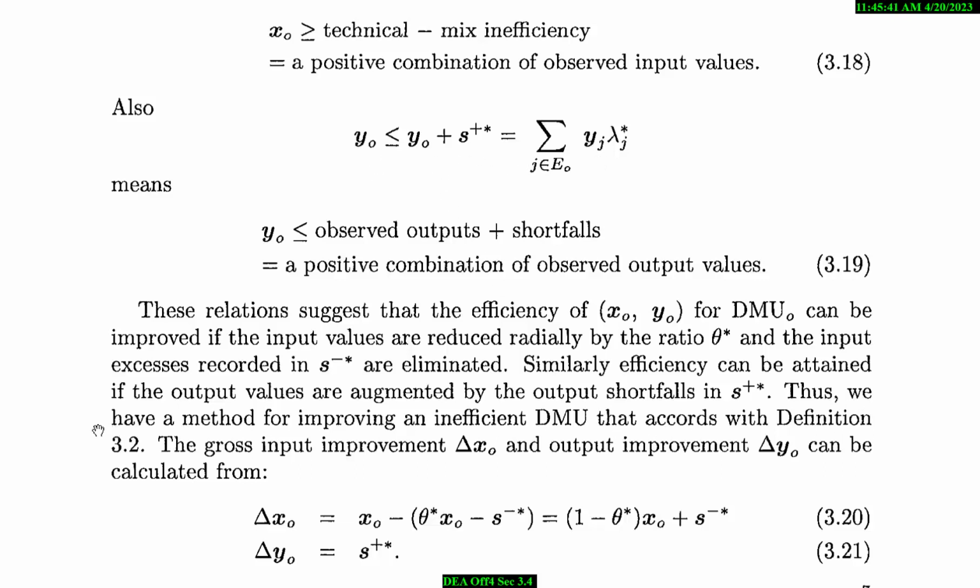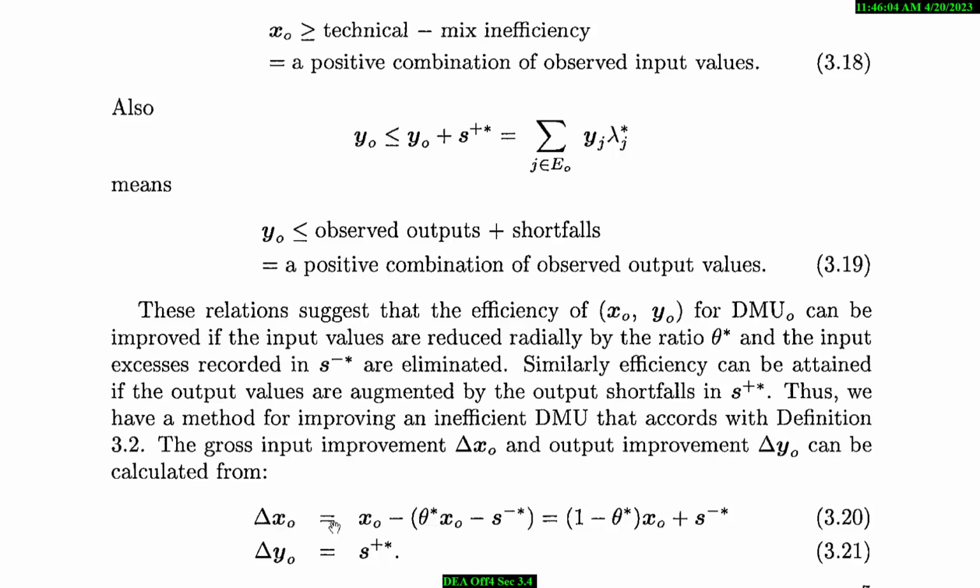So we have a method for improving an inefficient DMU that accords with definition 3.2. The gross input improvement, named delta XO, and the output improvement delta YO can be calculated as follows.